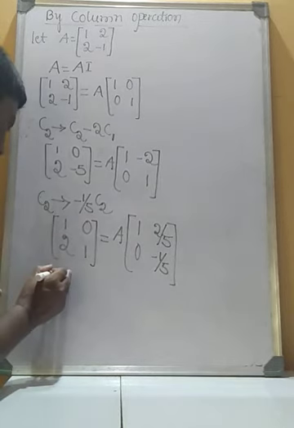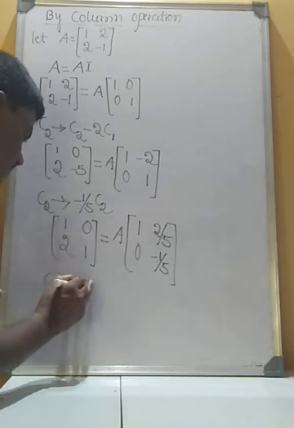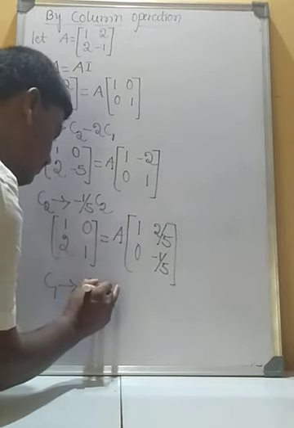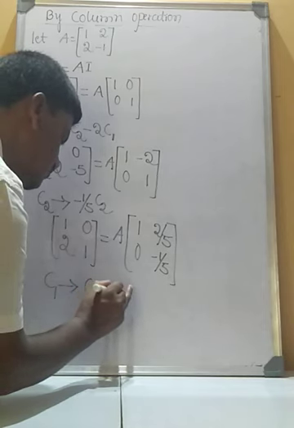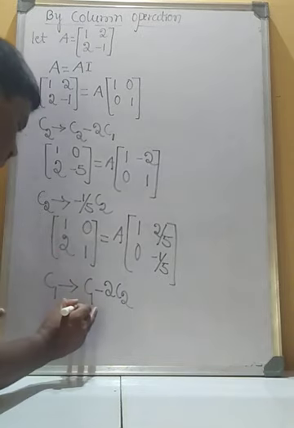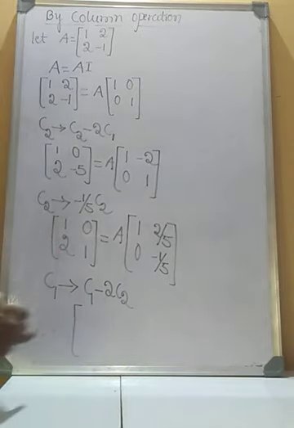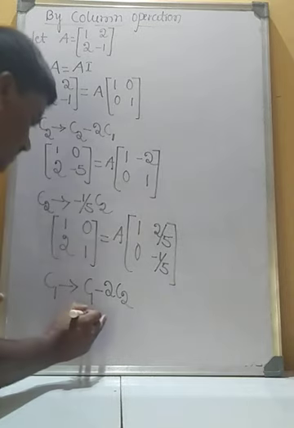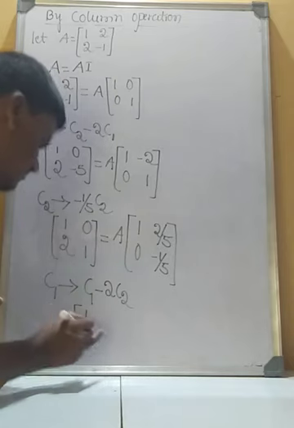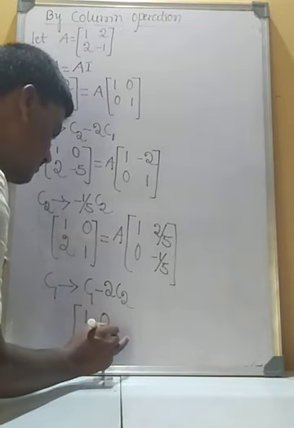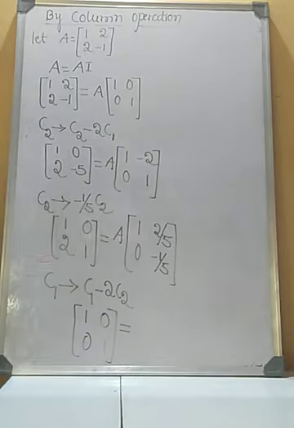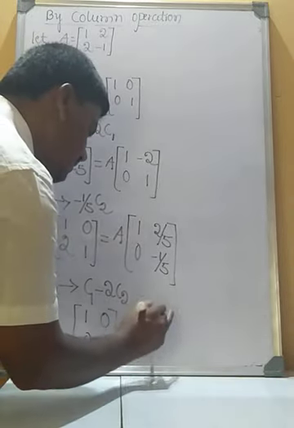So applying the operation C1 becomes C1 minus 2C2. Therefore 1 minus 2 into 0 is 1. 2 minus 2 into 1 gets cancelled, 0. Second column elements 0, 1, equals A, write as it is.